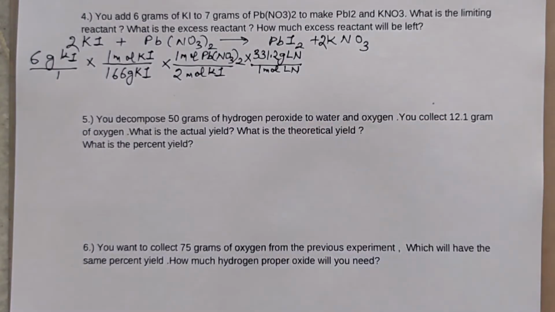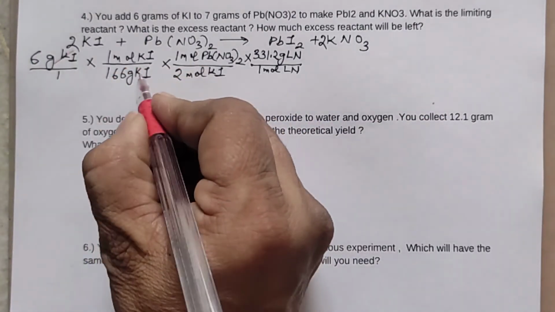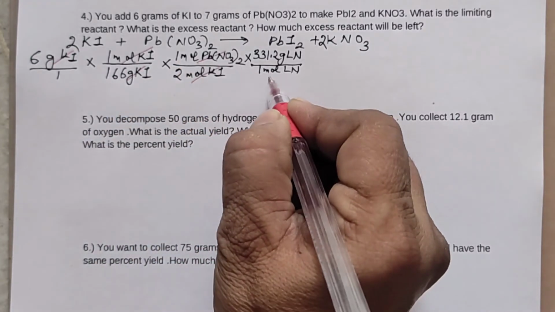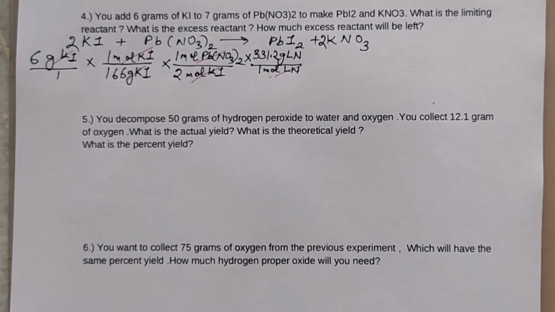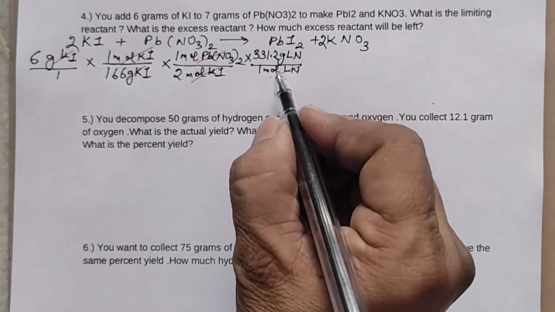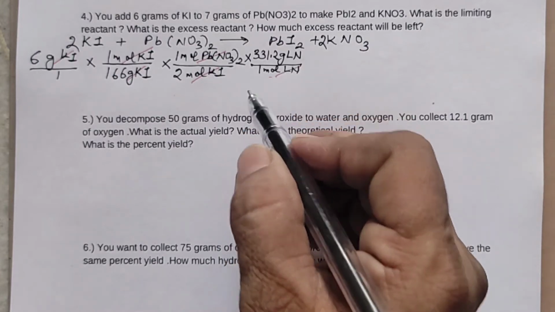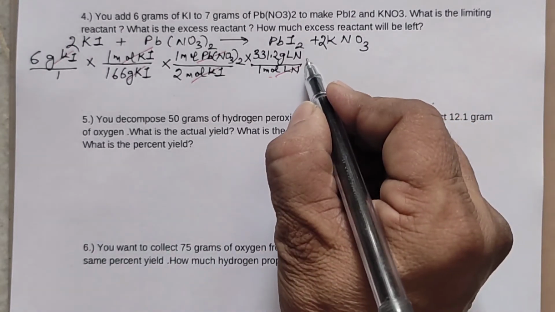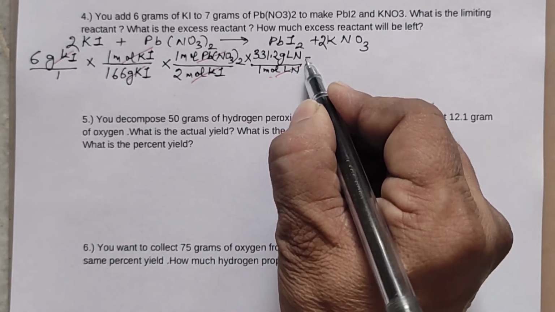We will cancel out what all we can, the like terms: grams of potassium iodide with grams, moles of KI with moles, moles of lead nitrate with moles. So what we are left over with, we are going to solve, like how much is used. How much of lead nitrate will 6 gram of potassium iodide require? So we are going to solve this.